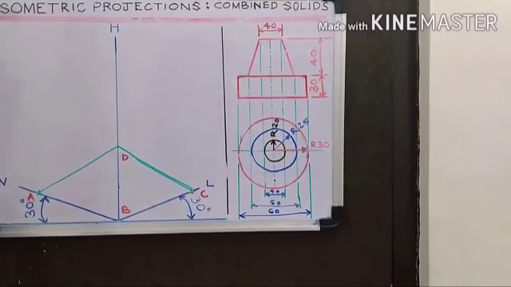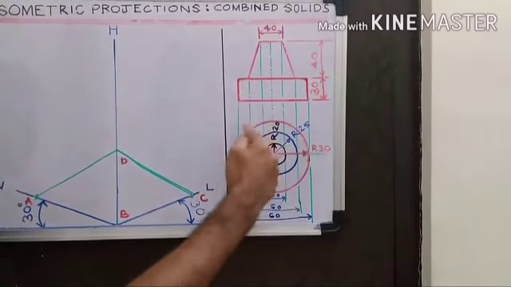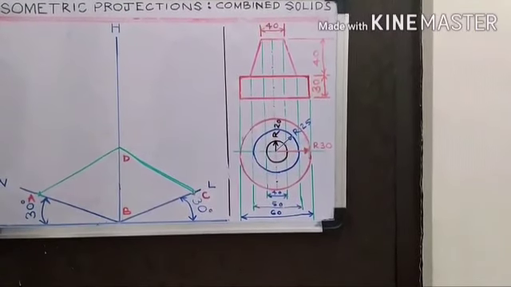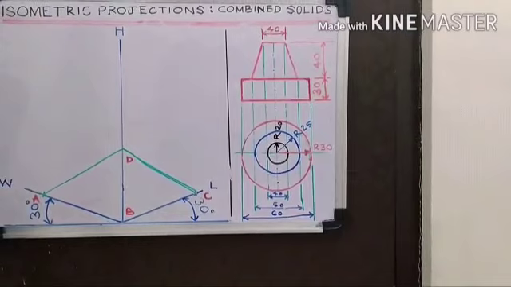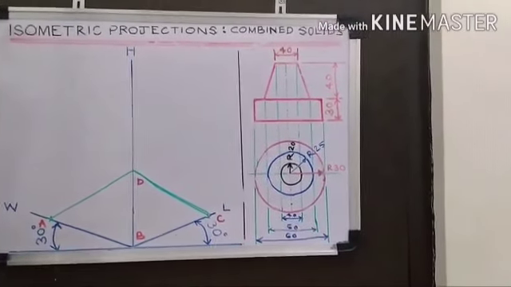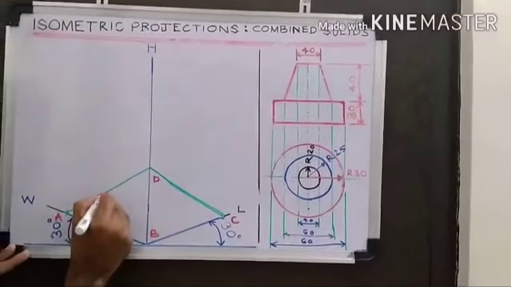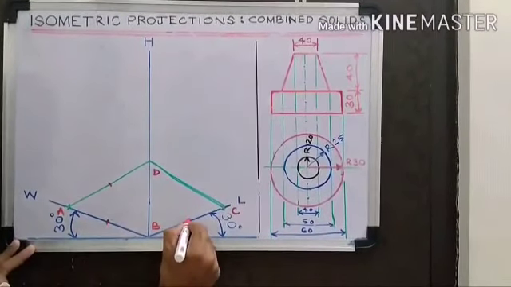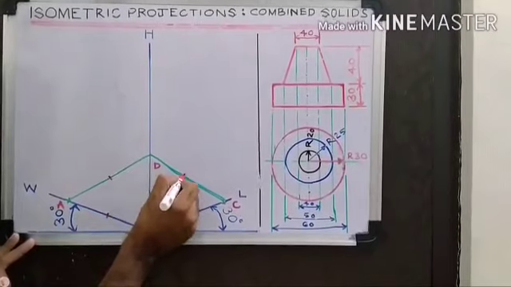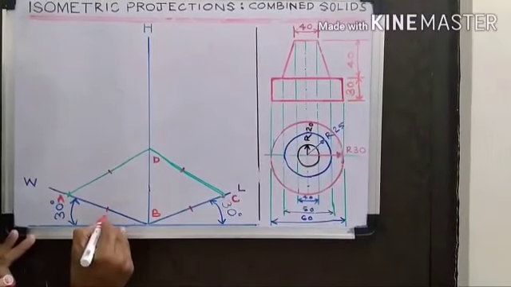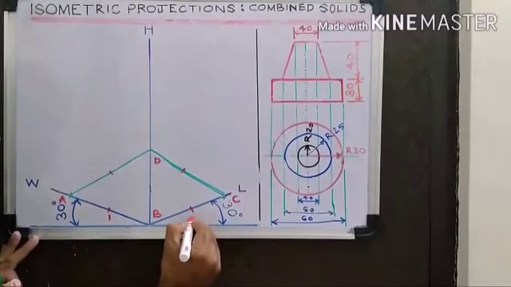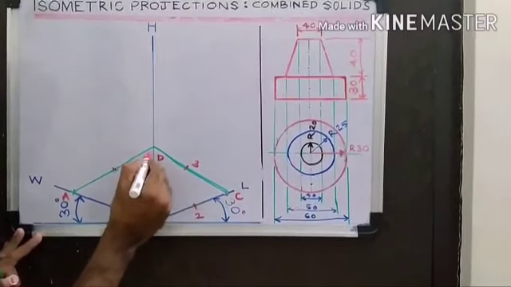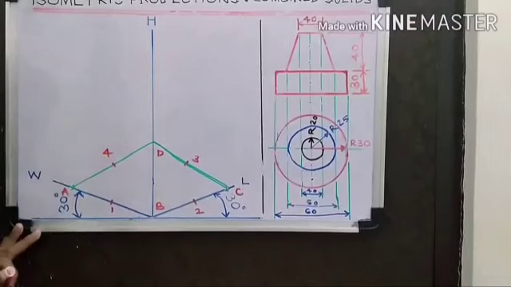Now a circle can look like an ellipse in a rhombus by using the four center method. Procedure, you know it. Midpoint of AB 1, midpoint of BC 2, midpoint of CD 3, midpoint of DA 4.